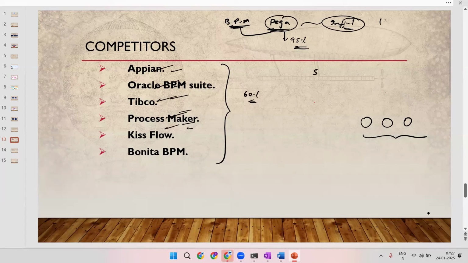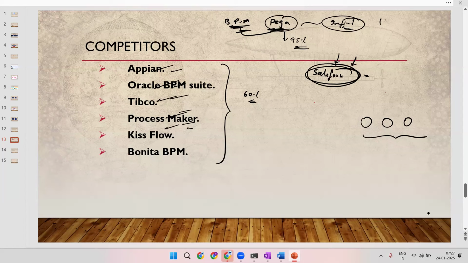Suppose you might know about Salesforce. Salesforce is not part of BPM, it is part of CRM. It is also an automated tool similar to Pega. In Salesforce, if any of your friends work in it, check with them whether they do any coding or not.